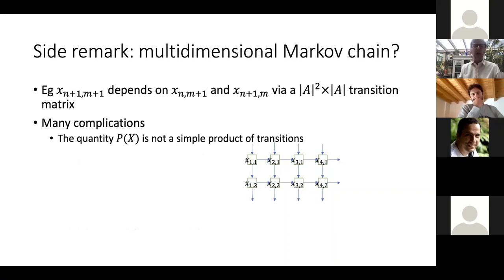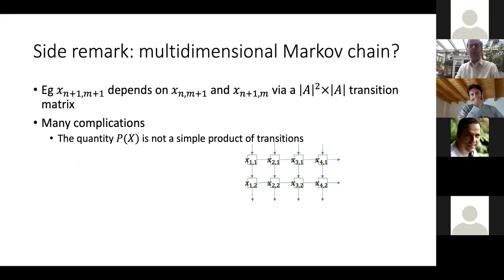A side remark, this is absolutely useless, but I'm happy to tell it. You can find multidimensional Markov chains on the same model, for example on a lattice. It is no longer a chain because it does not have a past and future. It is a little more complicated, where basically the symbol of one node depends on the symbol, for example, above or on the left.